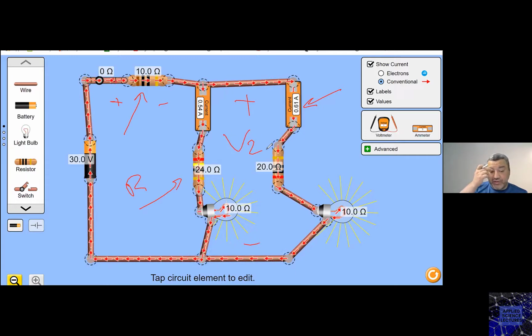And if the voltage across those two branches changes, this means that the current going in this branch will also change. Any questions so far?